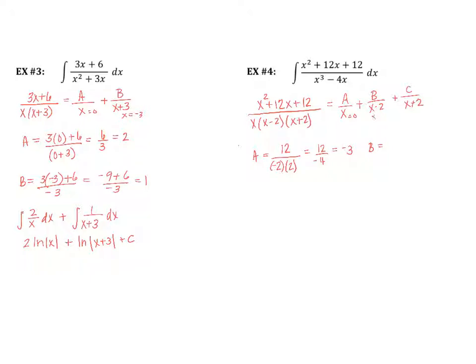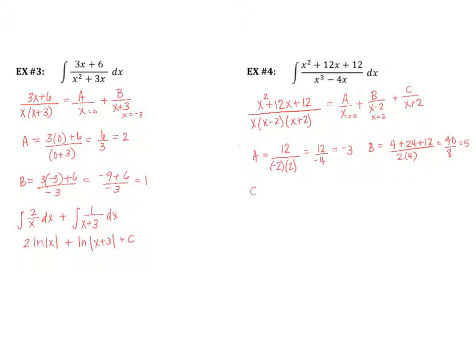So here x is going to be 2, and so plugging in, we're going to have 2 squared plus 24 plus 12, and that's all over 2 times 4. And so whenever we go through that one, it looks like in the numerator we're going to have 28, and 12 is going to be 40 over 8, and that's going to give us 5.